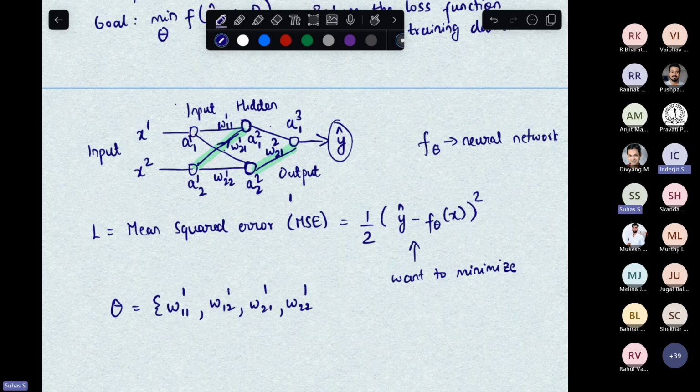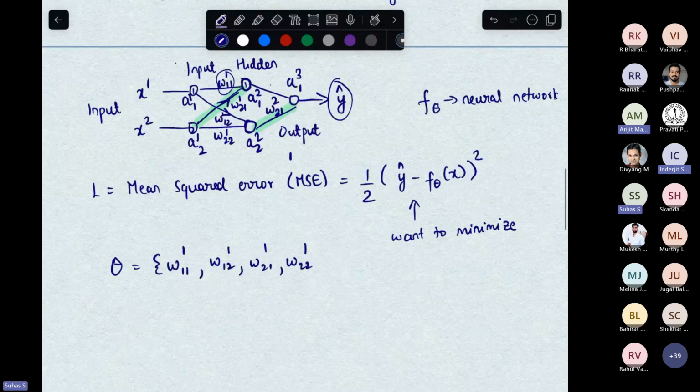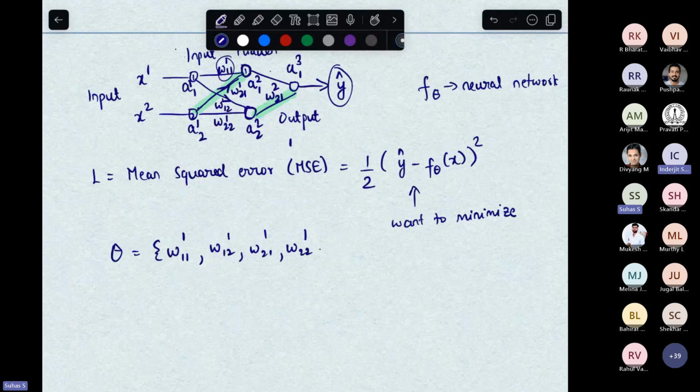And this weight is going to be W12 of 1, because it connects node I to node J. The weight connecting node 1 of layer 1 to node 1 of layer 2 is going to be W11 of 1, which is this. So theta is the collection of all these weights in the neural network. It's just the set of connections that we want to learn, and I'll come to how we learn these. Does that answer your question? Yes, thank you, sir. Okay, sure.